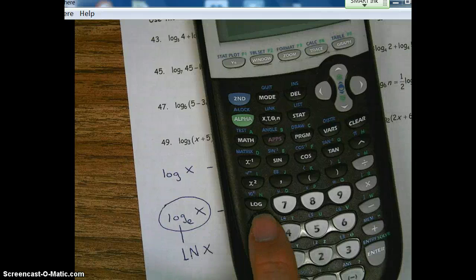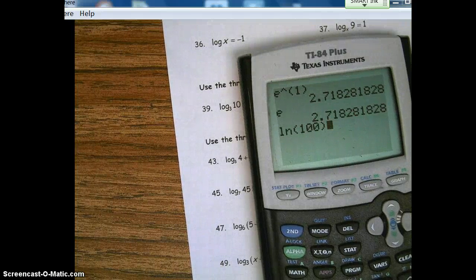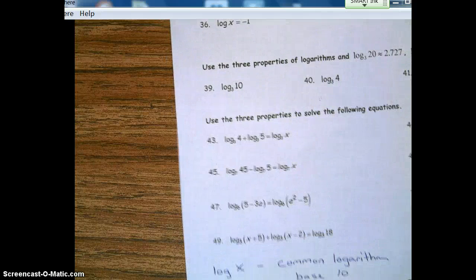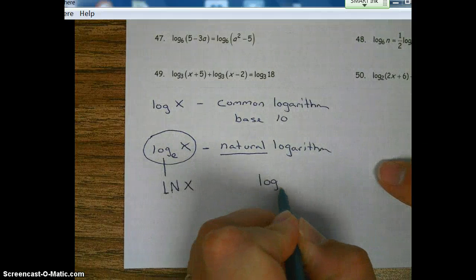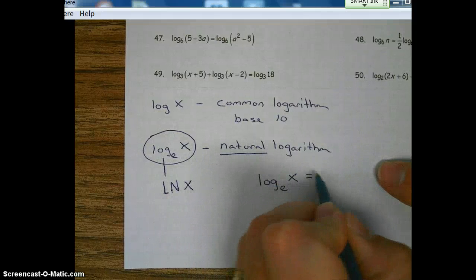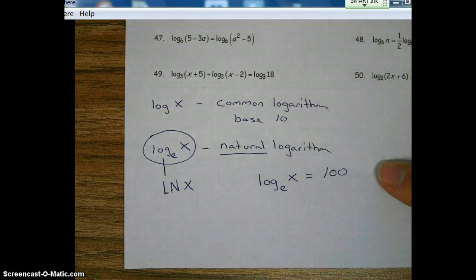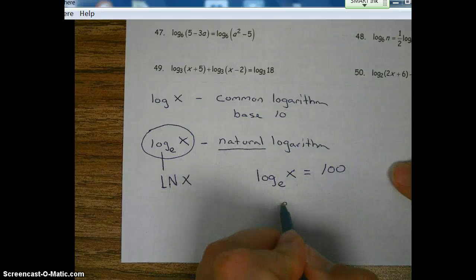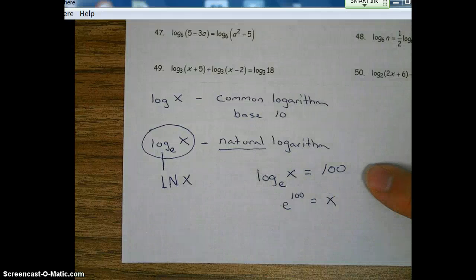So if I want to find the natural log of 100, there you go. Natural log of 100. So if I was to solve this problem, first thing we would do is put e to the 100th power equals x.